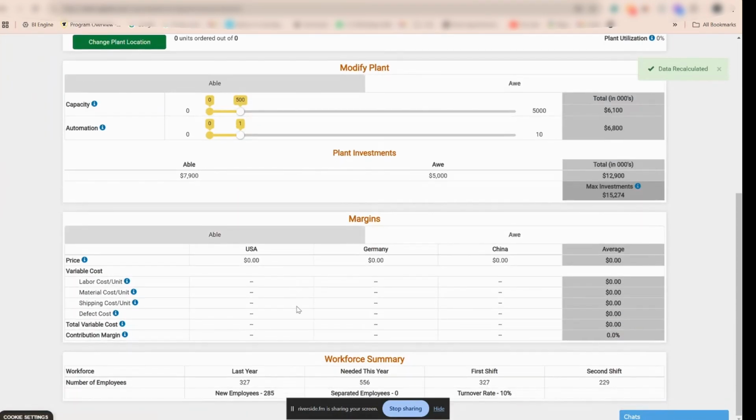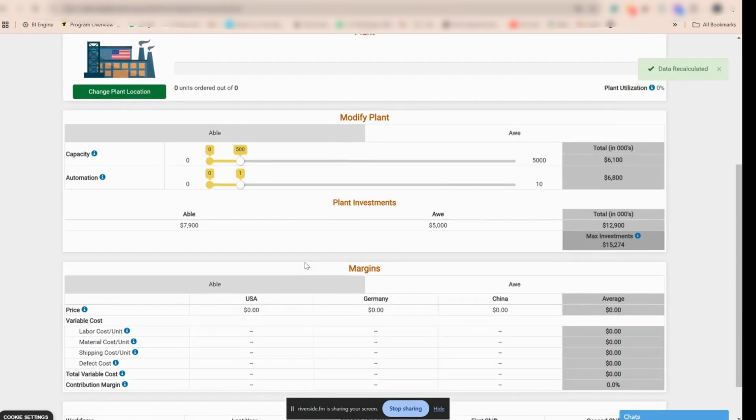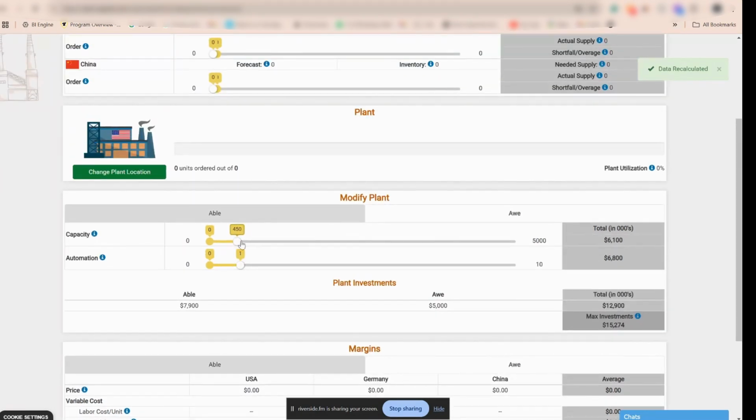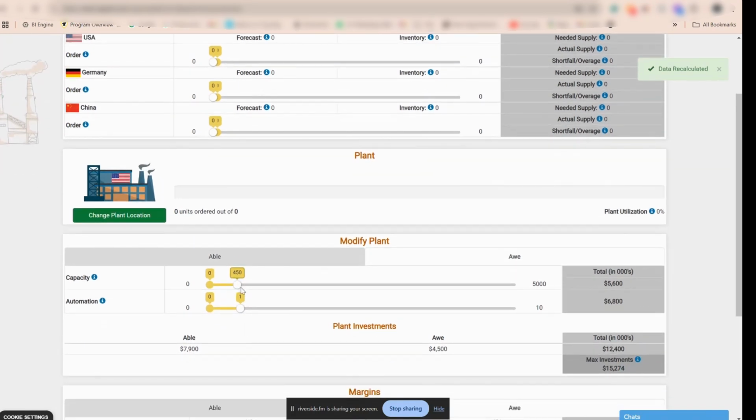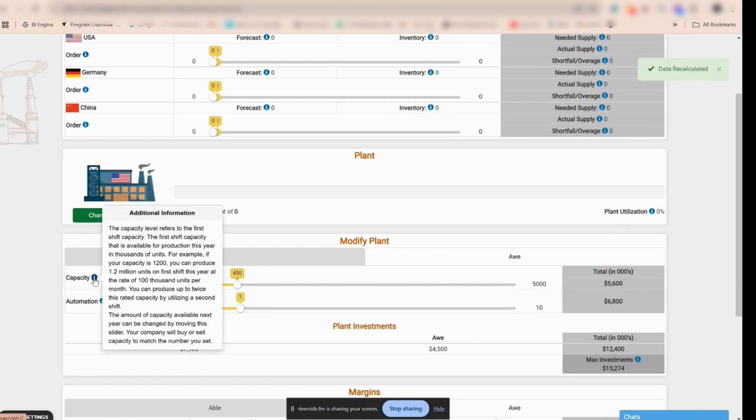So this is good. It's all right. So let's say 450. Let's leave it at that. Because note, the reason I put it at 450 is because it will double. This is for one shift, so with the second shift, your capacity can be 900.